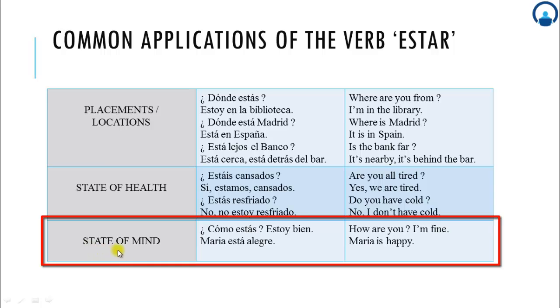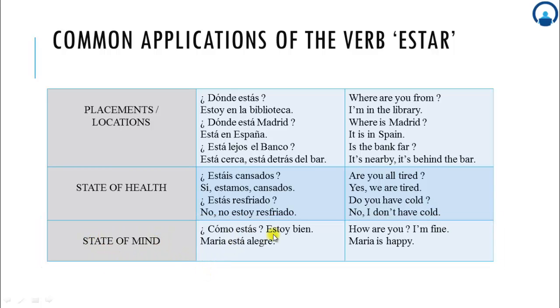The third condition of variable state is state of mind. ¿Cómo estás? Now here again we find what we have discussed earlier. How are you? The question how are you? ¿Cómo estás? If I ask you ¿cómo eres? using the verb ser, it is about the fixed state, and that's why I had answered that I am tall or I am short.